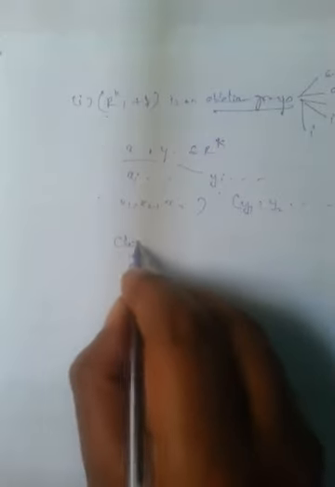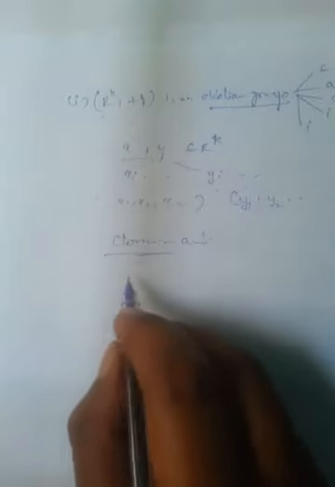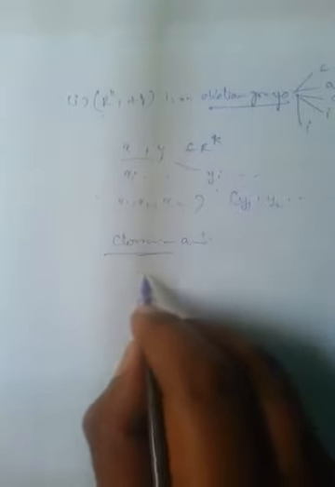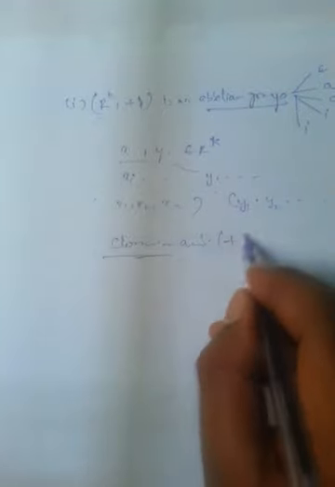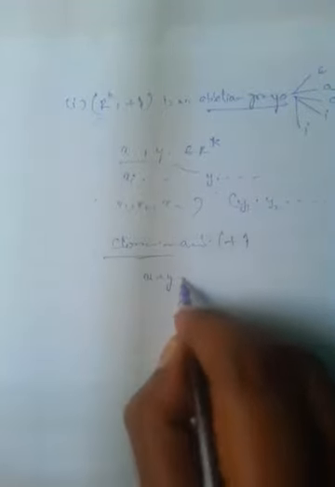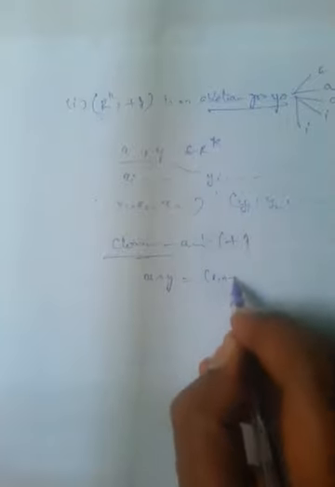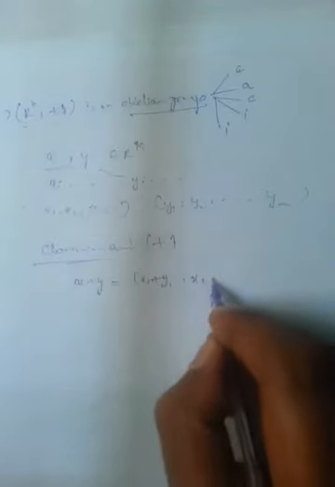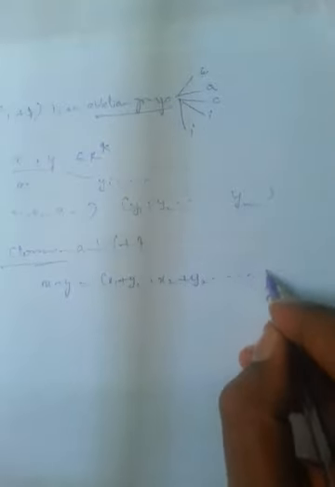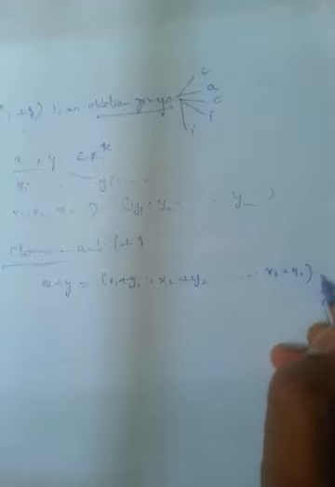Now, first we have to prove the closure axiom. For that, we add with respect to addition. If we add these two vectors, that is x1 plus y1, comma, x2 plus y2, so on, xk plus yk, where we are considering k tuples, we have already seen that this x plus y belongs to R^k.